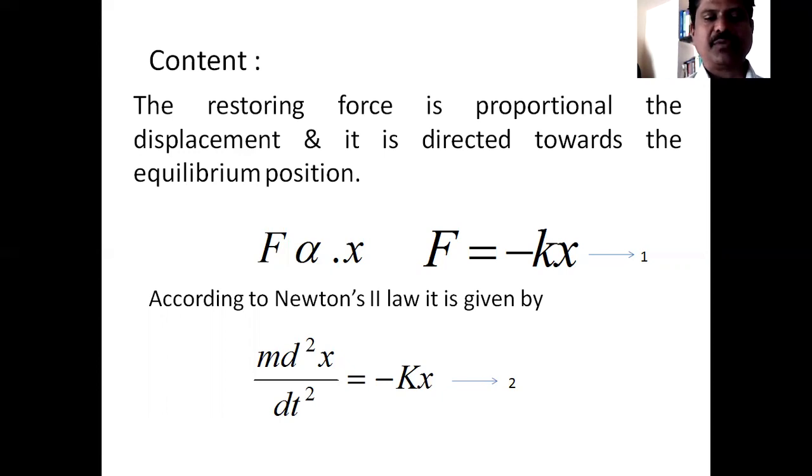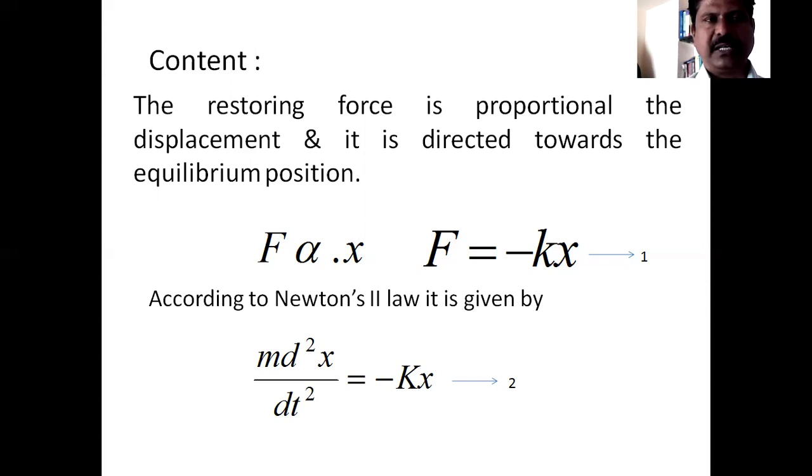For a one-dimensional harmonic oscillator, while moving towards one extreme end, a force is generated inside the object. We call that a restoring force. The restoring force is proportional to the displacement and is directed towards the mean position.